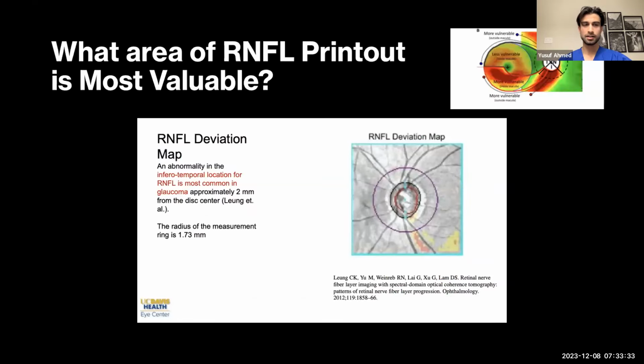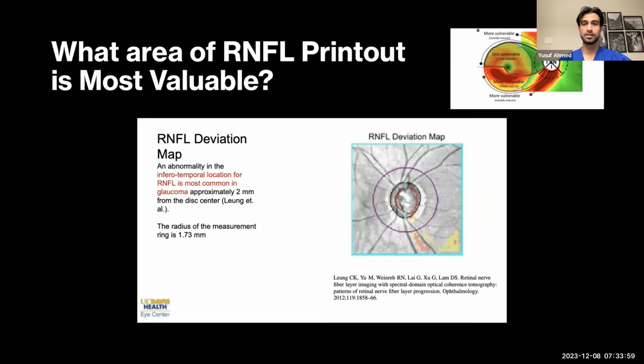She also suggested to look at the RNFL deviation map for any possible inferotemporal RNFL area that's thin. And this area has been termed the macular vulnerability zone by Hood et al. And studies by Leung et al. have also mentioned how glaucoma commonly affects the inferotemporal RNFL. It should be noted that this loss typically occurs starting at around 2 millimeters from the center of the disc.